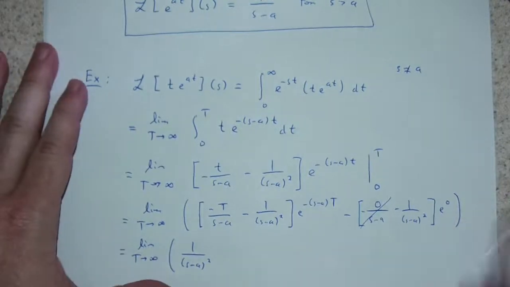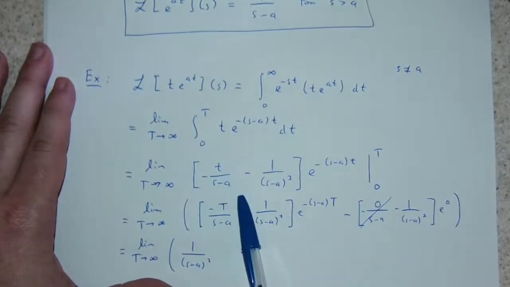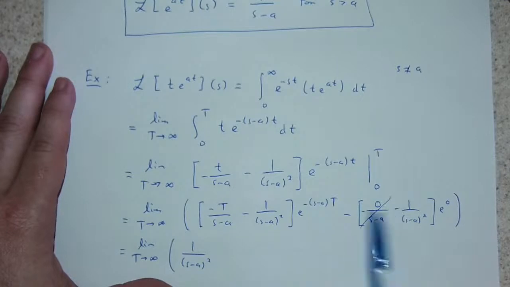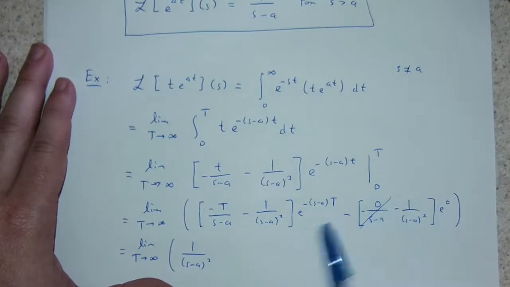Here's this computation, right? So integration by parts here gives me this thing, evaluated from 0 to big T, doing each of these terms. So the big T term, here it is, right, minus the 0 term. So this term goes to 0. e to the 0 is just 1.